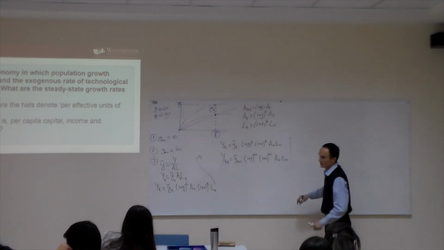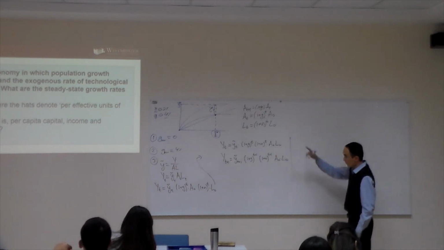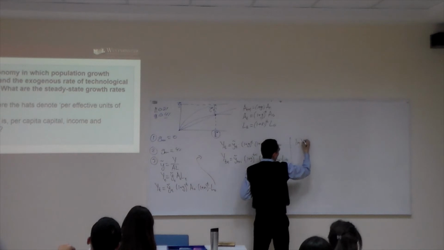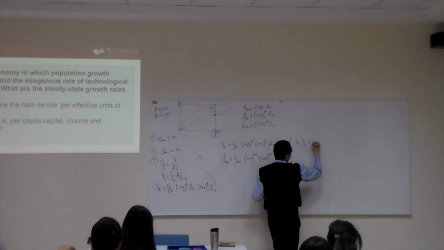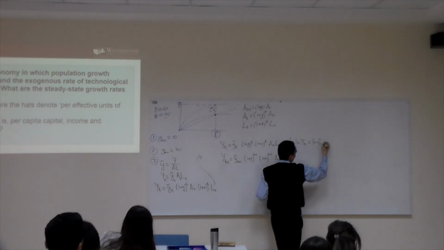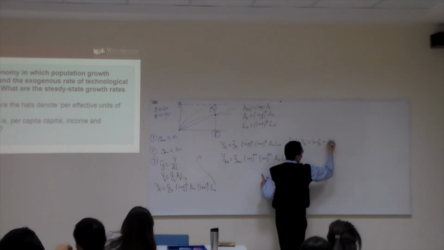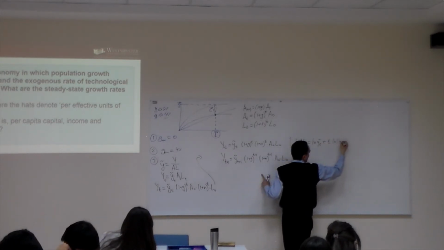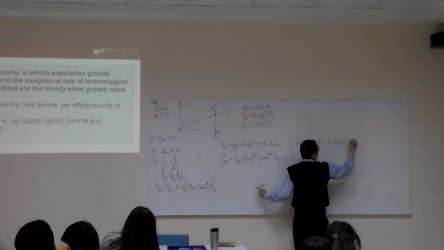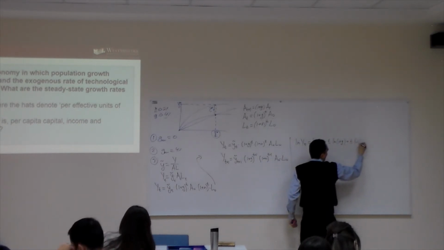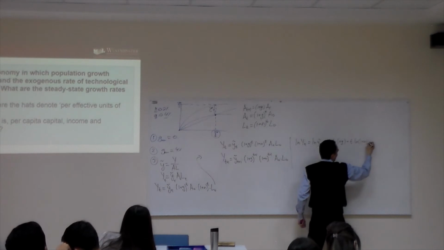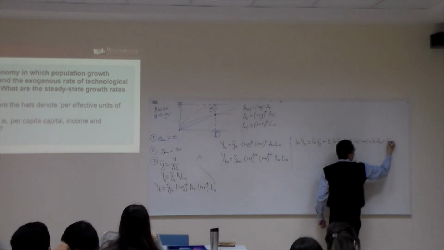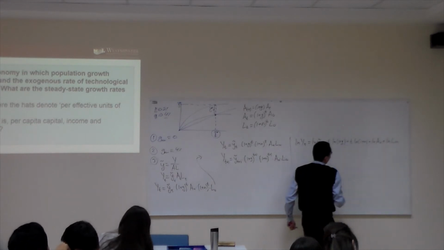Now we will take the natural log of both equations, which is going to give us ln Y_t is equal to ln y hat t plus t times ln(1+g) plus t times ln(1+n) plus ln A0 plus ln L0.